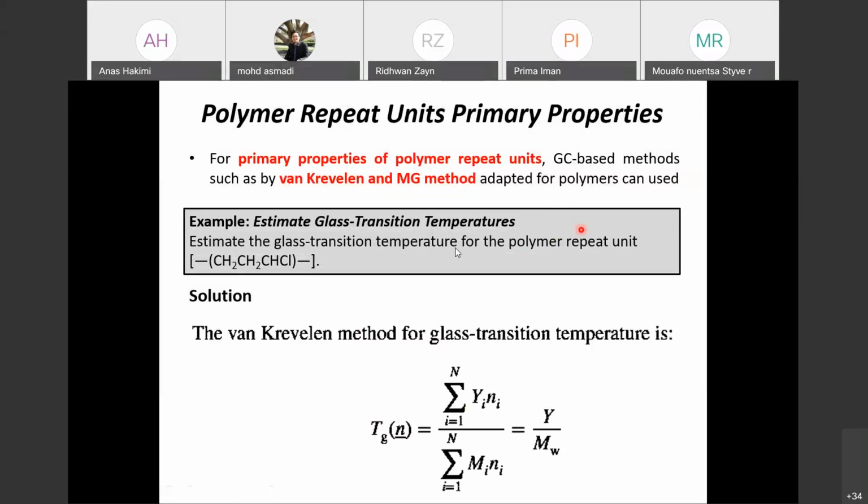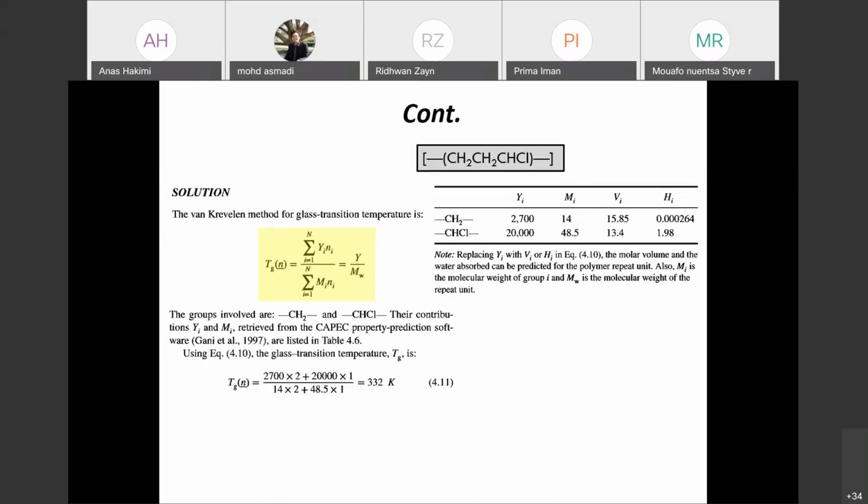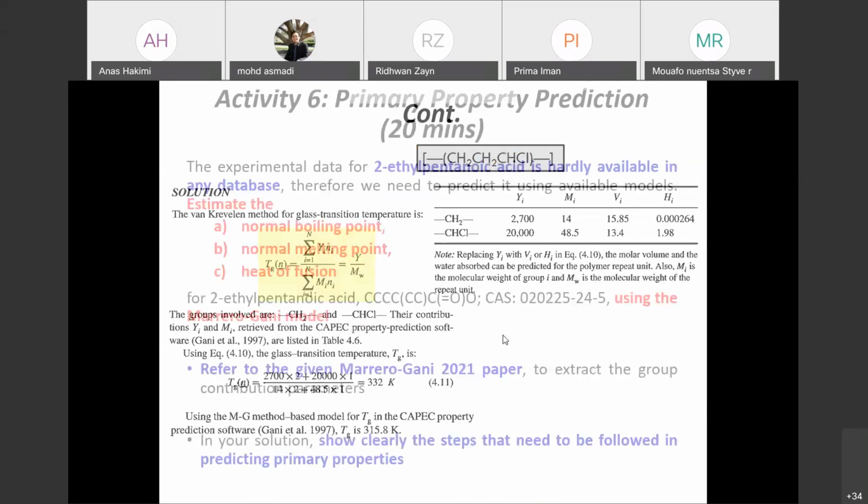So Van Krevelen's equations, left side and the right side, are almost similar to the previous equation, just change the left side and the right side, and then you substitute all the information given.